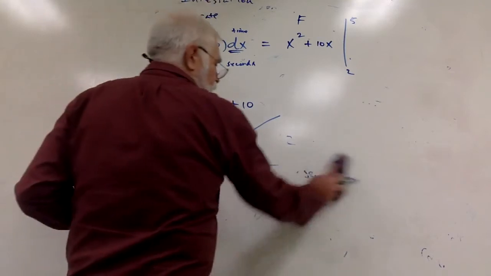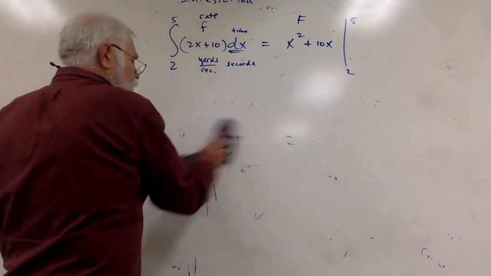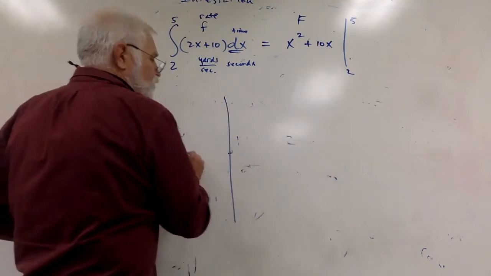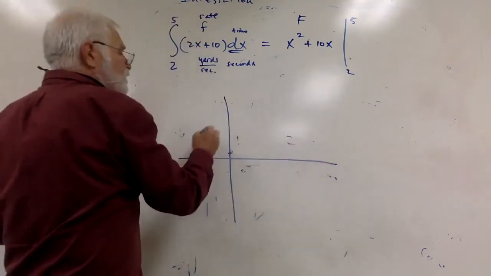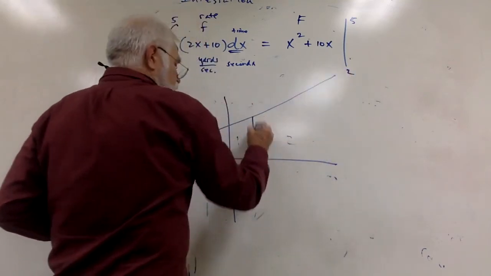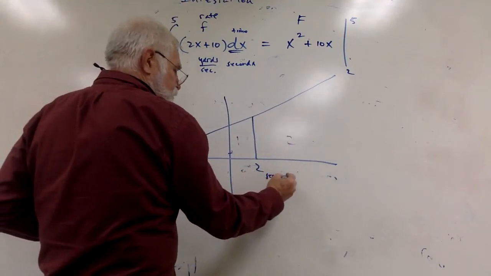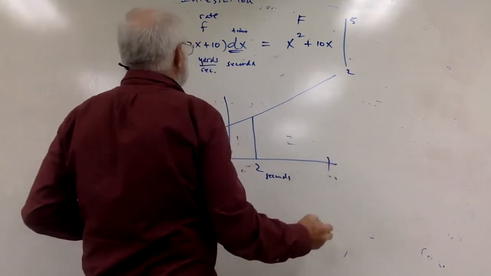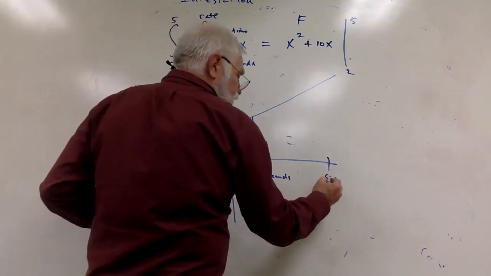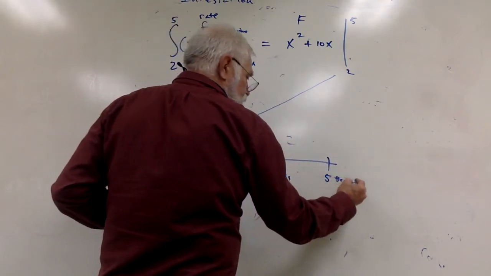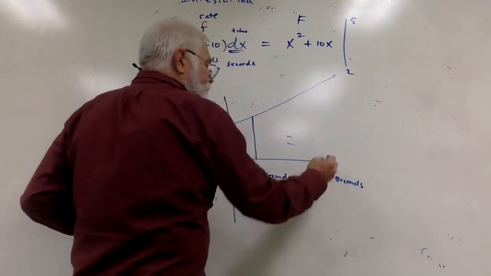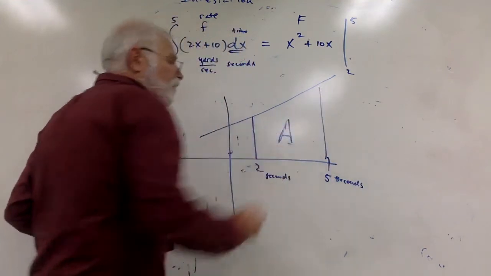All right, so back to a little bigger drawing. 2x plus 10, right there. There's the number 2 seconds, and here's 5 seconds. And so what does that area represent?